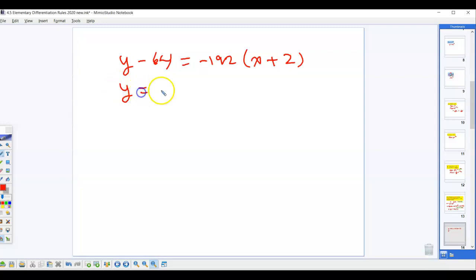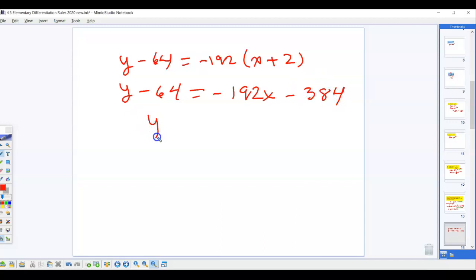Now, if I want to clean this up a little bit, there are different ways I could write my final answer. First I'm going to distribute my negative 192 to get negative 192x minus 384.